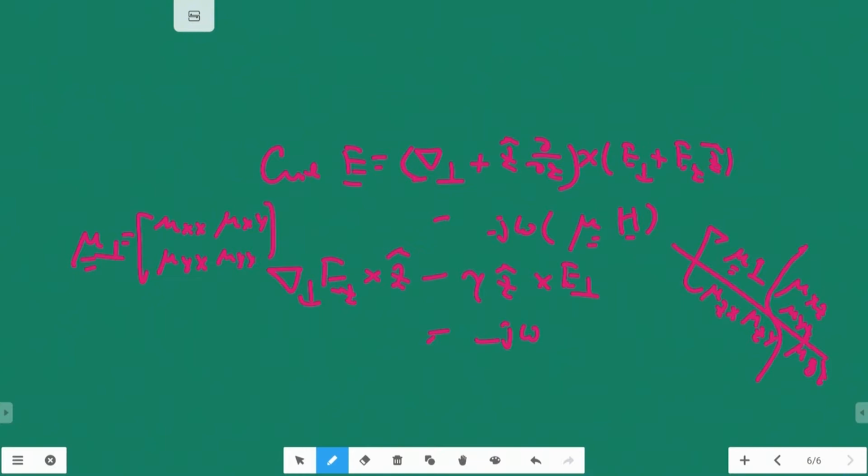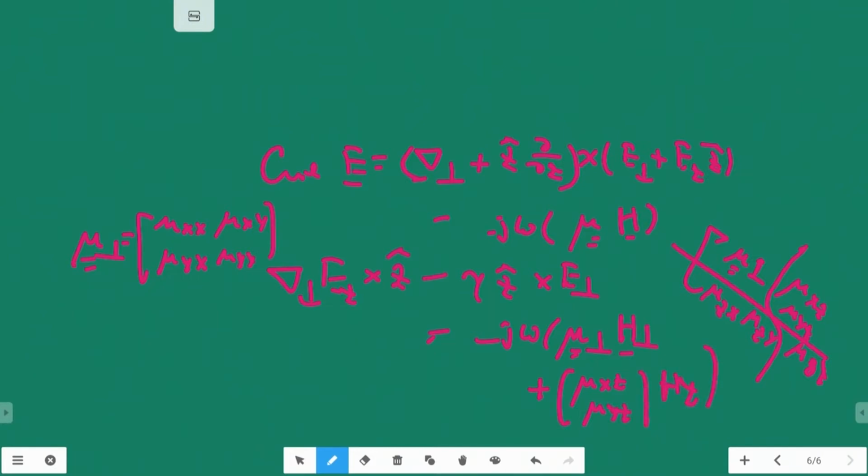So this can be written as mu perpendicular, a 2 cross 2 matrix, multiplied by h perpendicular. H perpendicular is hx, hy in column form, and then you will have a plus mu xz, mu yz multiplied by hz, right.